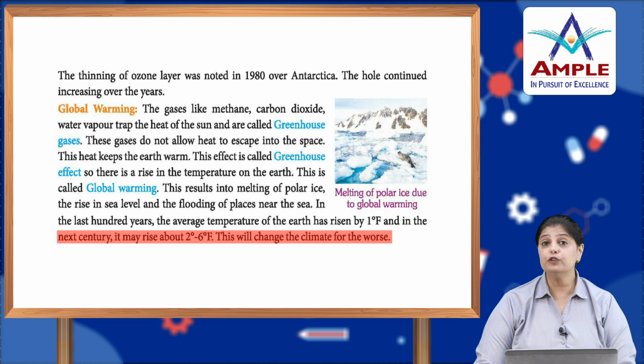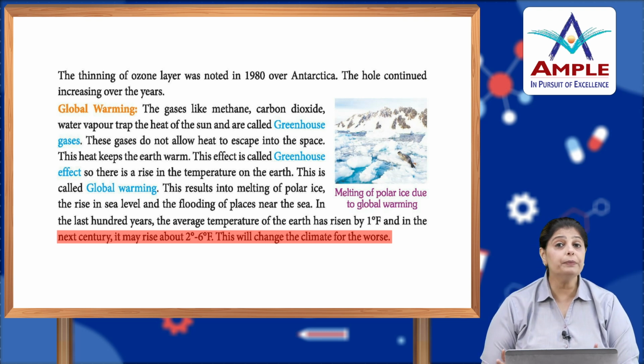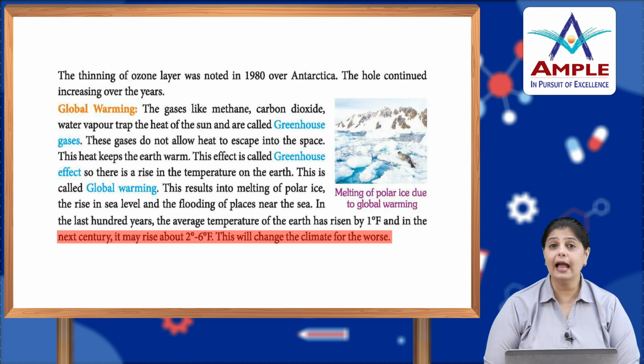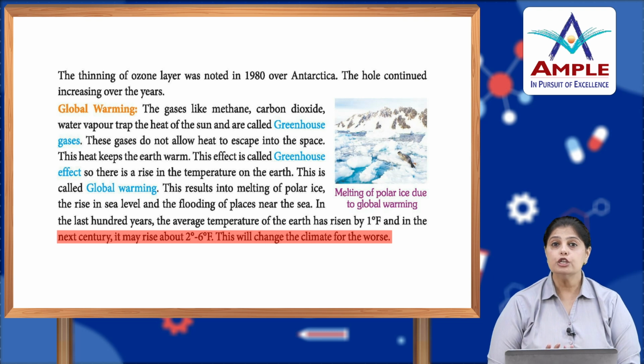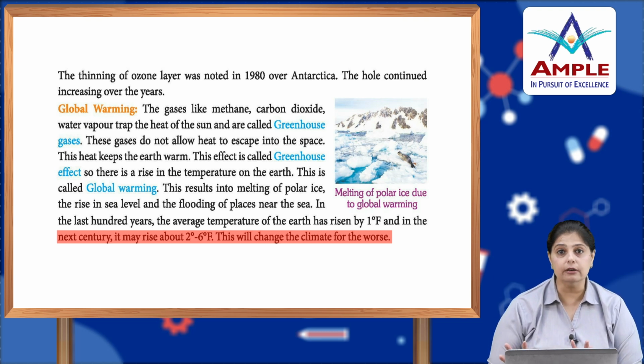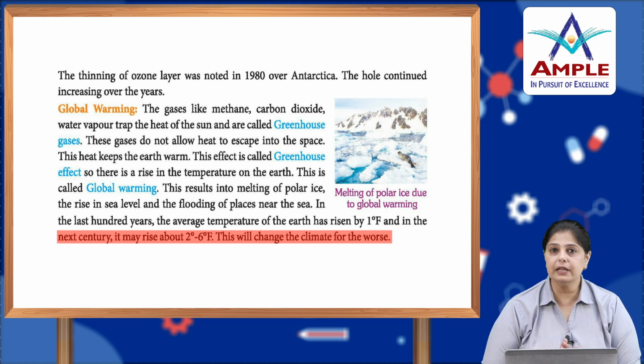That means there are certain places that generally had a temperature of around 20-25 degrees throughout the year, and it was a very pleasant environment.